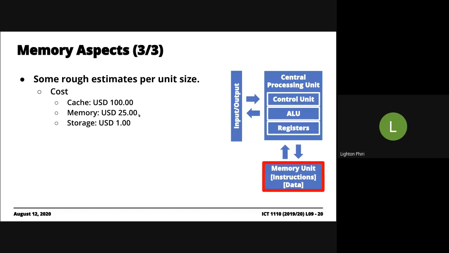Given a unit size of memory, it could be a gigabyte, a megabyte, a kilobyte. What we're saying is that the closer the memory component is to the CPU, the more expensive that unit size is. Again, this is just a rough estimate, but you can do a quick check. I don't know how many of you have recently purchased RAM and maybe an external hard disk.